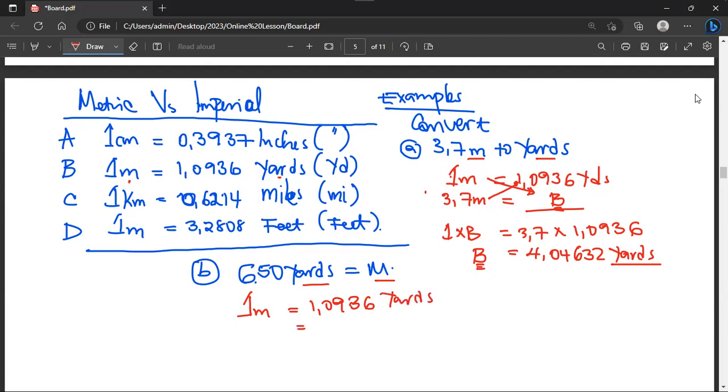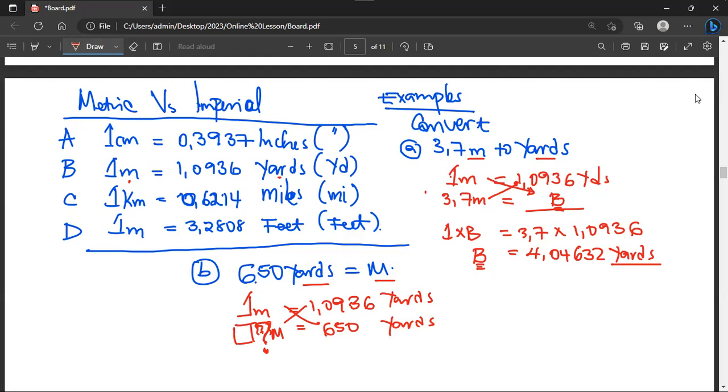So we are looking for meters. This is what is missing. Here we have a big question mark. For us, we have yards and we want them to become meters, so what's missing is supposed to be in meters. That's why I put yards on one side and meters on the other side. So what do we do? We cross multiply. 1,0936 multiplies with this number that we don't know, let me leave it as a box.